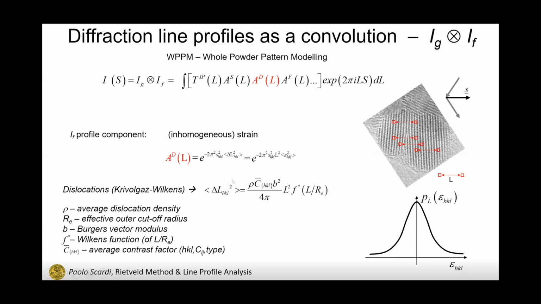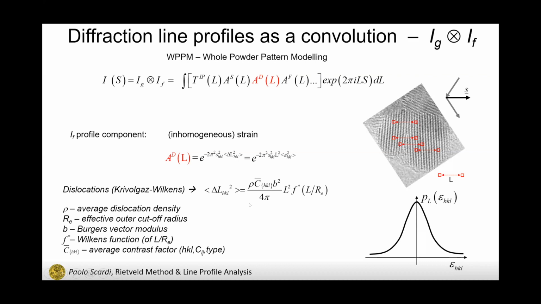However, we can profit from the work of Krivoglaz and Wilkins. This is the model you can use with the parameters you can read to describe, for example, the effect of dislocations. Then you introduce the parameters of the slip system, and you can calculate an average contrast factor to consider the anisotropy of the elastic medium and of the type of line defect.